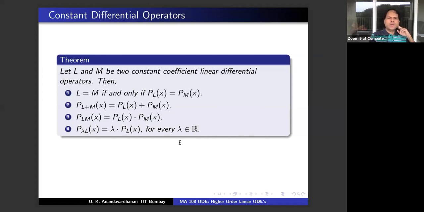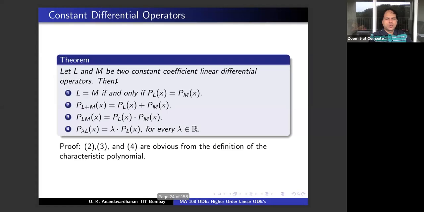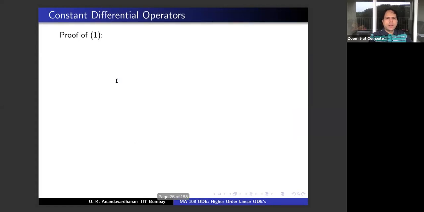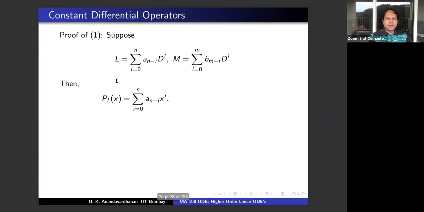The only thing which needs a little bit of proof here is one direction. If PL equal to PM, then you have to conclude that L equal to M as operators. But that's also very easy. So 2, 3, 4 are obvious. And the proof of 1, if L is this and M is this, then PL is this and PM is this. That's a definition.